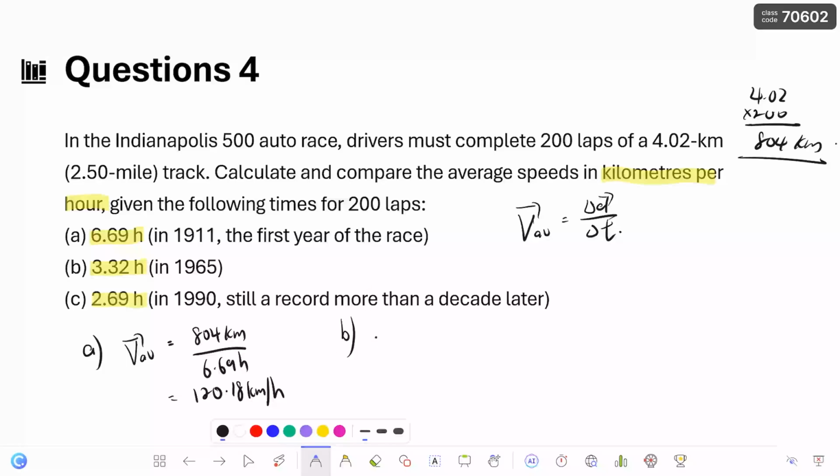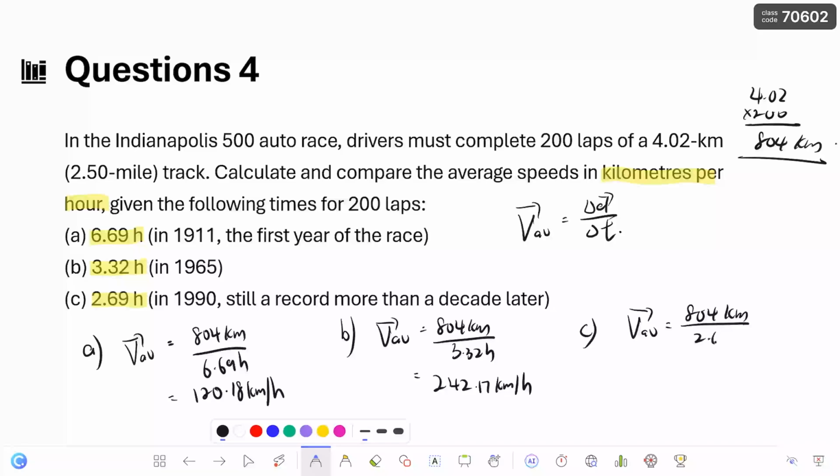And then for B, it is 242.17 km per hour. And then for C, VAV is equal to 804 km divided by 2.69 hour.